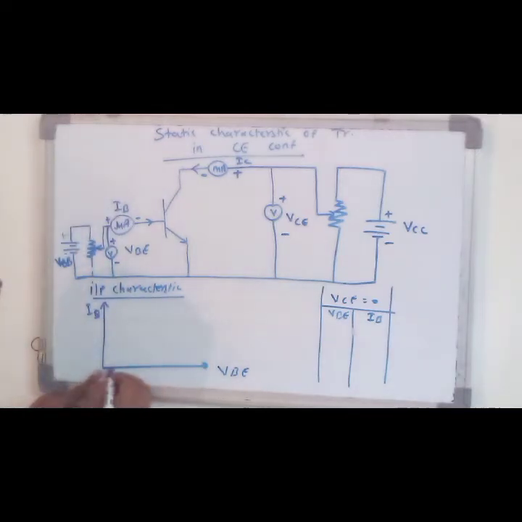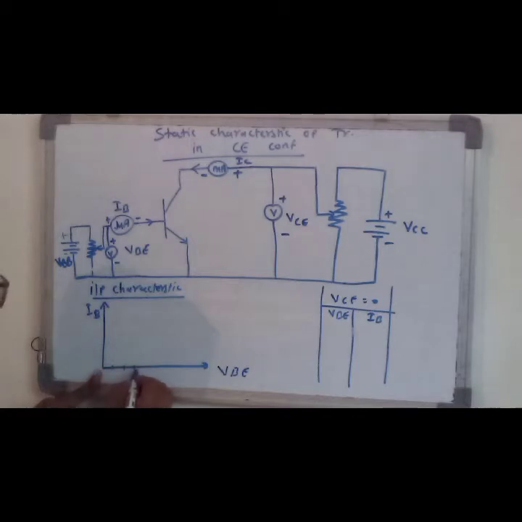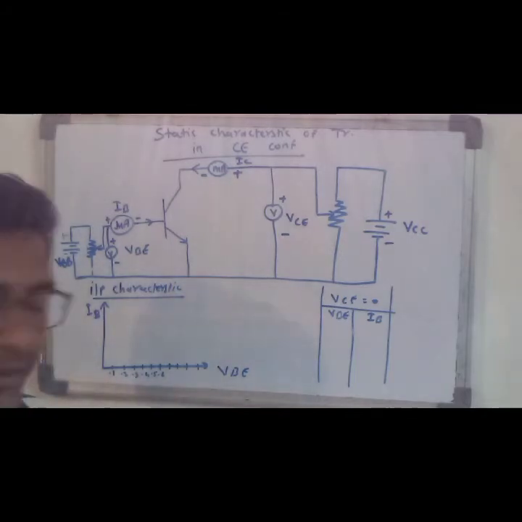Okay, so here we will mark the values 0.1, 0.2, 0.3, 0.4, 0.5, 0.6, 0.7, 0.8, 0.9, and the value will be increasing.